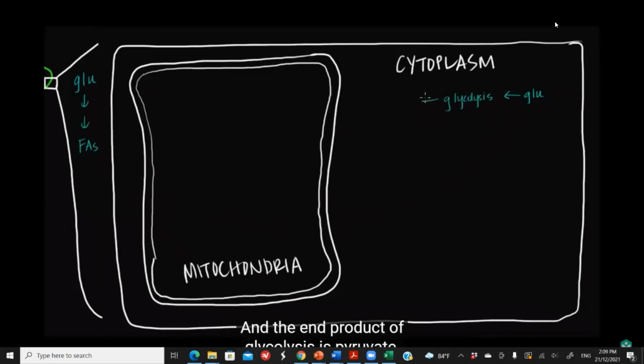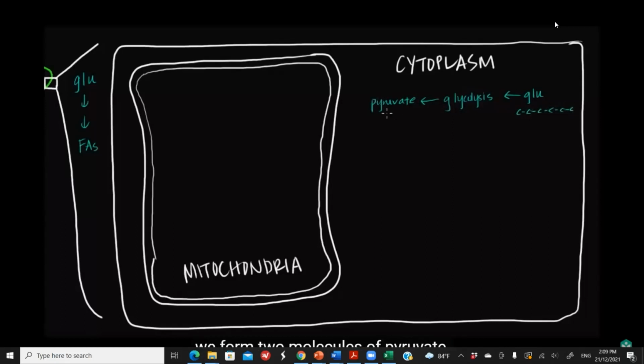And the end product of glycolysis is pyruvate. I'll also remind you that for every one molecule of glucose, which is a 6-carbon molecule, so 1, 2, 3, 4, 5, 6, we form 2 molecules of pyruvate, which is a 3-carbon compound.